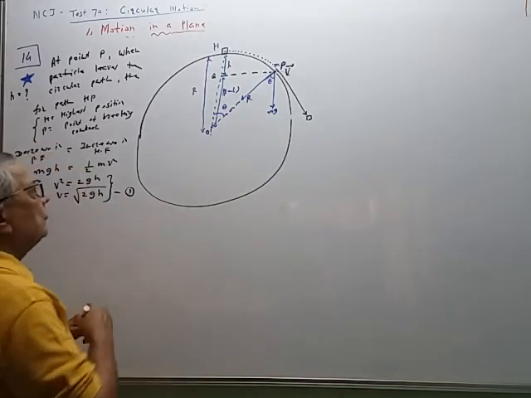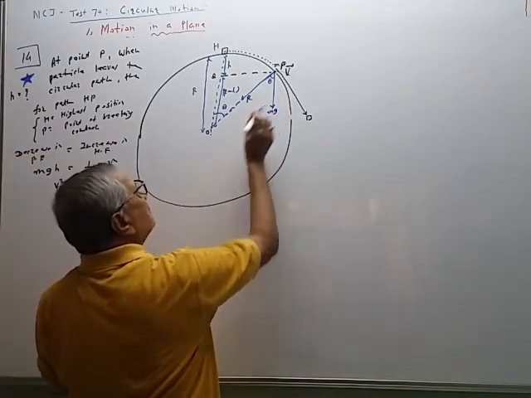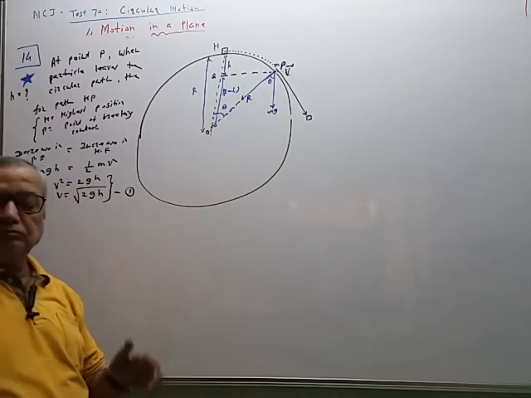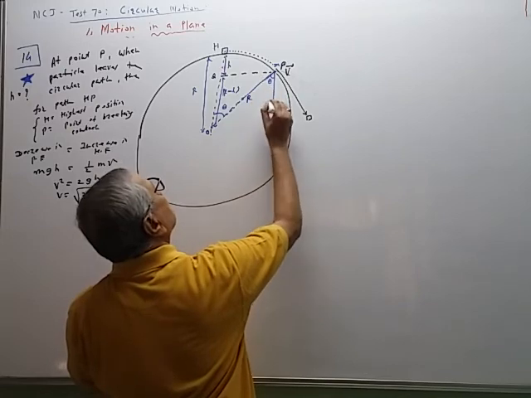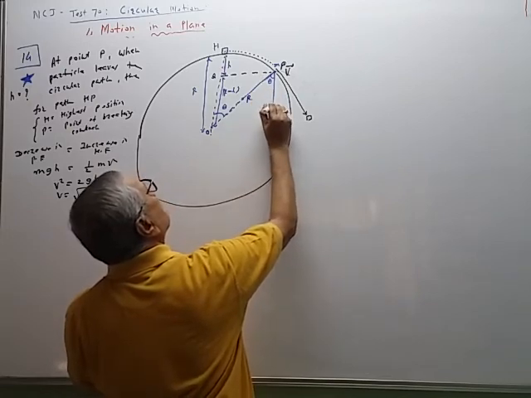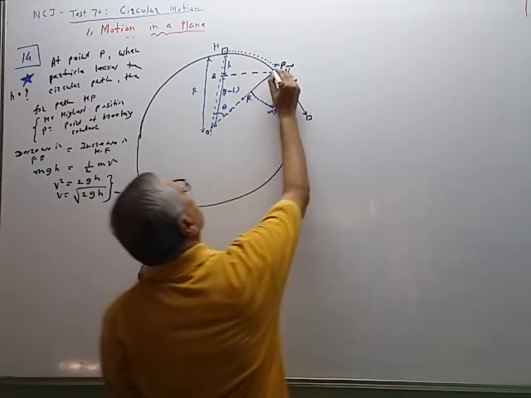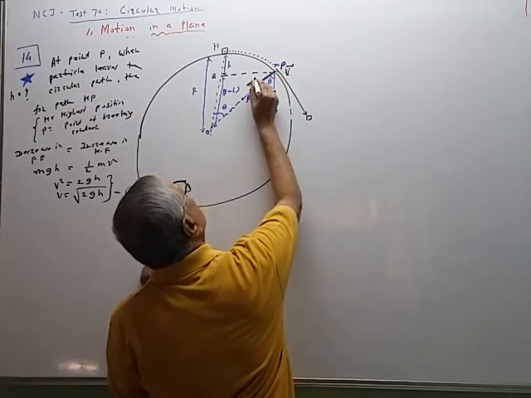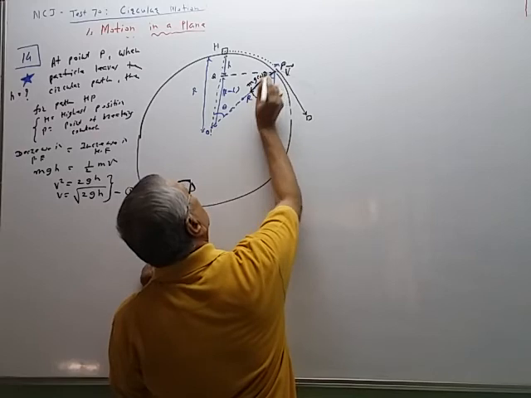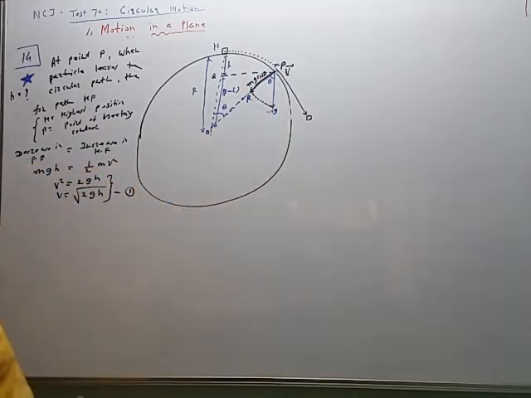Now we will use the vector resolution method. If we draw a perpendicular from mg, then this is mg cos theta. This angle is theta.